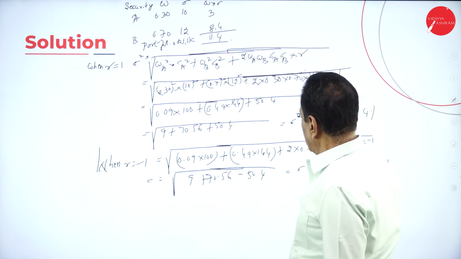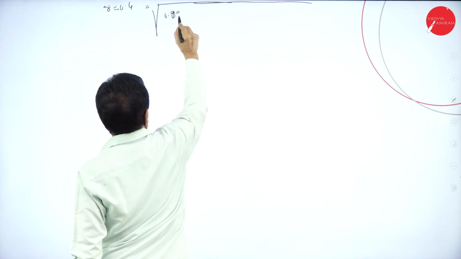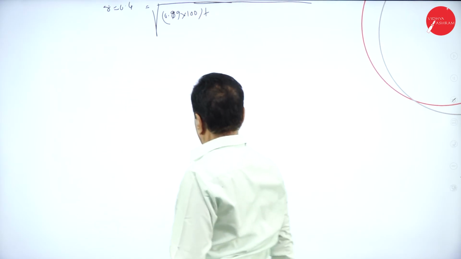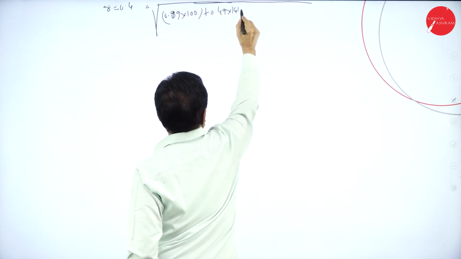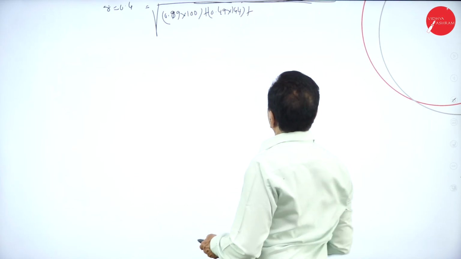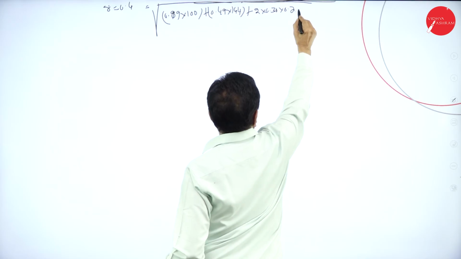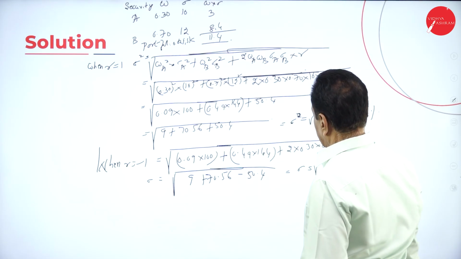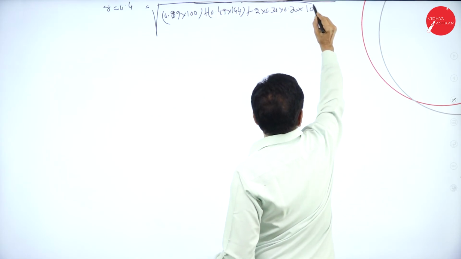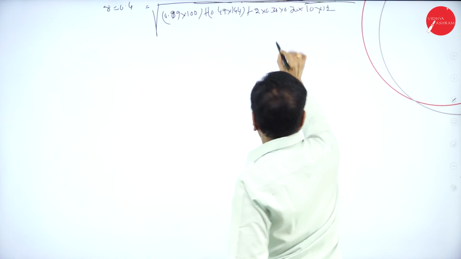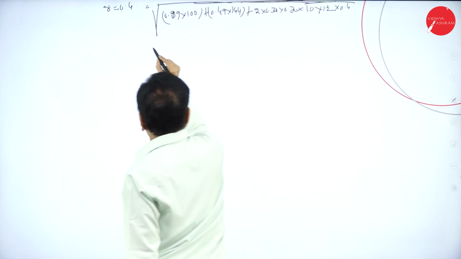Here, 9.09, if you want, 0.09 into 100 plus 0.49 into 144 plus 2 into 0.30, 0.70, then 10, first is 10, then into 12, weight of A, weight of B, standard deviations into 0.4. This remains same.